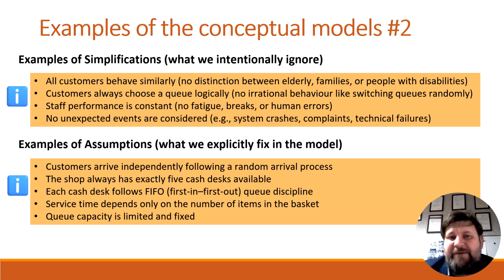Assumptions describe what we explicitly fix in the model. We assume customers arrive randomly. The shop has exactly 5 cash desks. All queues follow FIFO discipline. Service time depends on basket size and queue capacity is fixed.